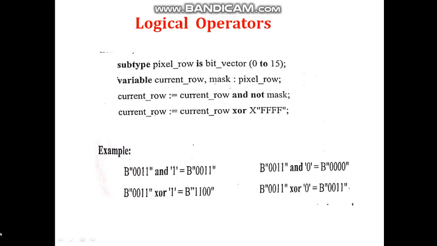Also, in each case, if the array has only one element, the result is the value of the element. And if the array is a null array, that means it has no elements, the result of an AND operator is 1, and the result of the OR and XOR operators is 0.